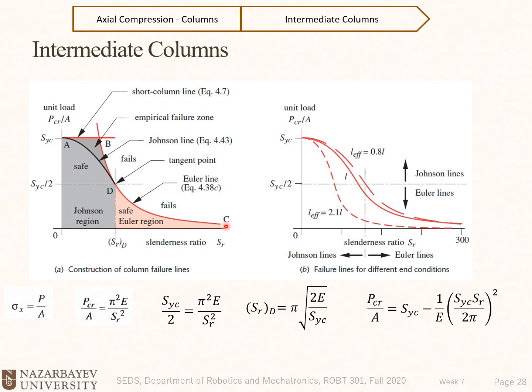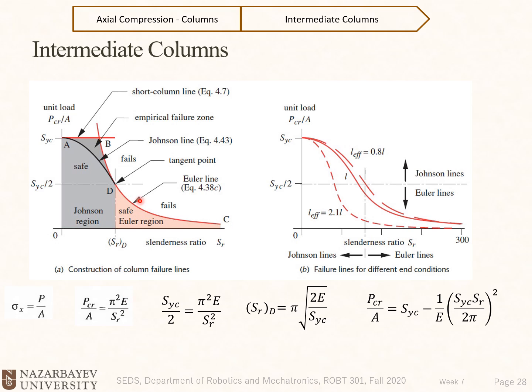This line is basically the Euler line, based on the Euler formula we developed. P divided by A is pi squared E divided by SR squared, and SR is the independent variable here.